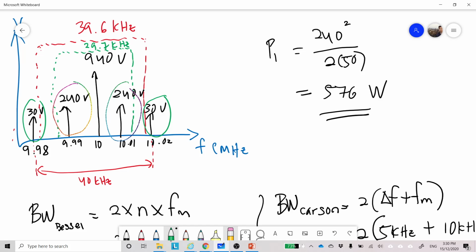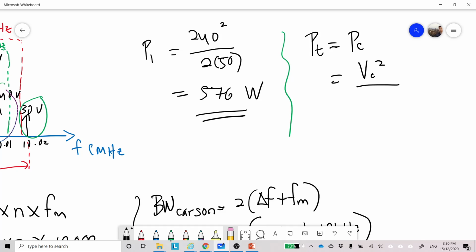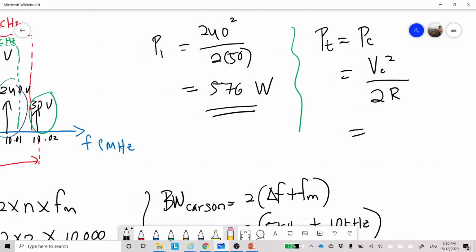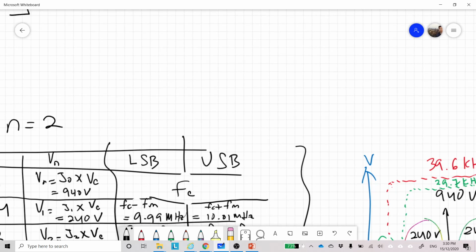And then the last question asks how much is the total power. Okay, total power, remember, P total is equal to PC, which is equal to VC square divide over 2R. So back to the equations.